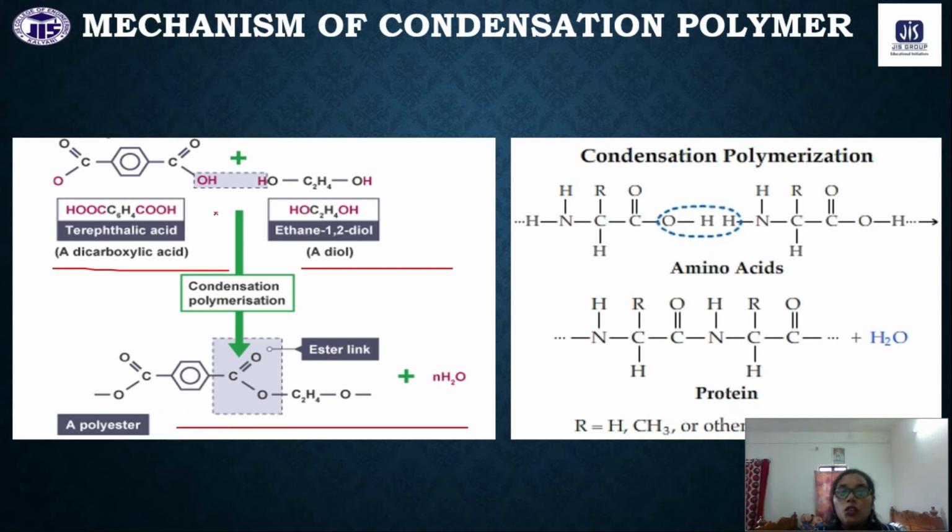Now look, you can see it, the tartaric acid group we have. This is the acid group, C double bond O, C bond OH. Okay, this acid group first will react with ethylene, the 1,2-diol. Diol means the hydroxyl group we have, OH group.